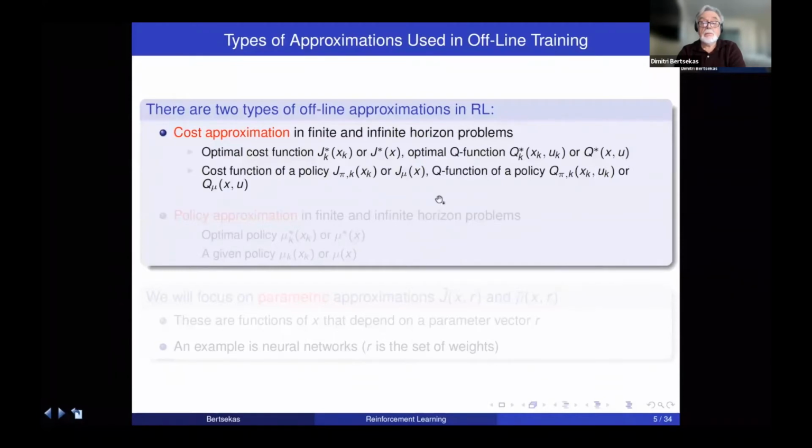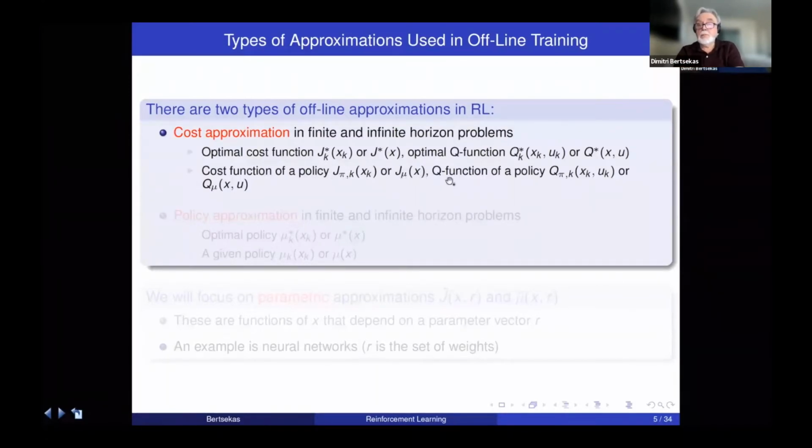We're also interested in approximating cost functions of policies, like in rollout, for example. So this deals with approximation of an optimal cost function. This deals with approximation of a specific policy, either in a finite horizon setting or in an infinite horizon setting.